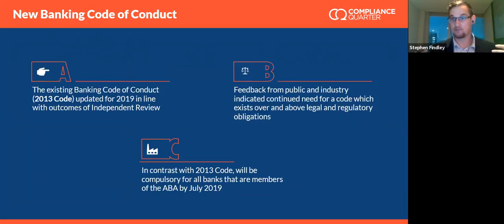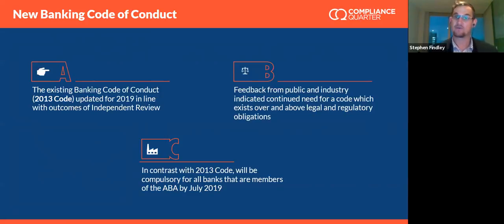Again, a key aspect of the review and what's motivating this code is the idea that while there's a whole range of minimum protections contained in the law, such as the Corporations Act, the ASIC Act, the Banking Act, Privacy Act, there's a whole range of protections for customers already, but the idea is there needs to be something over and above that banks commit themselves to performing for their customers.